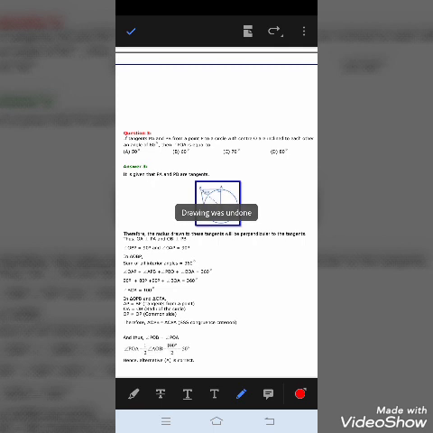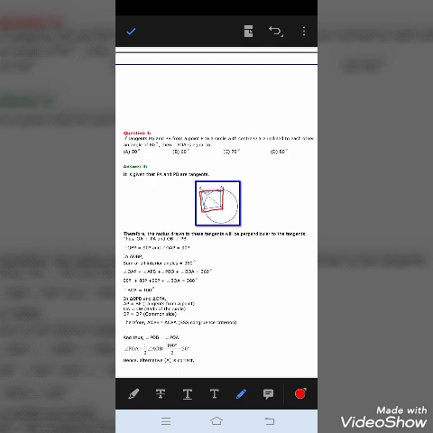So in quadrilateral AOBP, they are talking about this particular quadrilateral AOBP, the sum of the interior angles is 360 degrees, as we have done in the earlier sum.